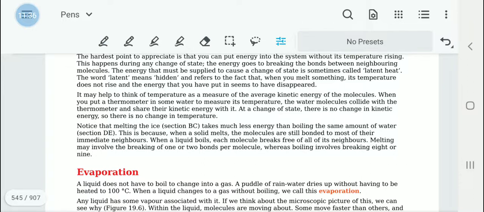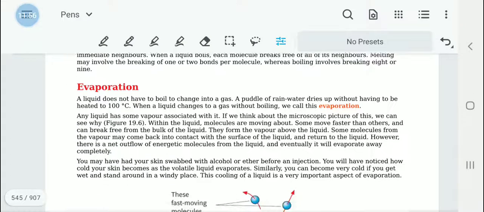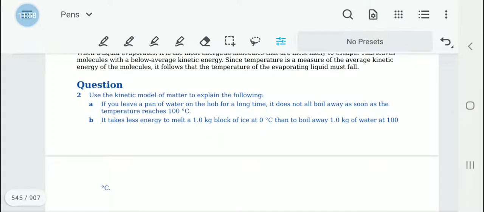Melting does not involve breaking a lot of bonds, because there are still some attachments. Boiling needs almost all of them to be broken away. So that is one thing that you need to understand.